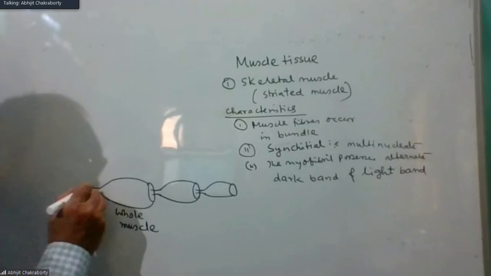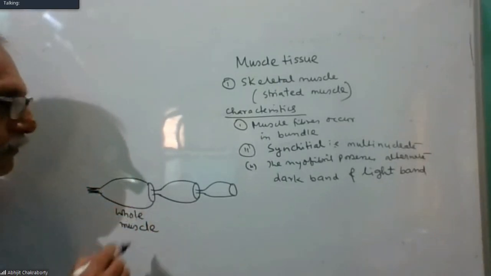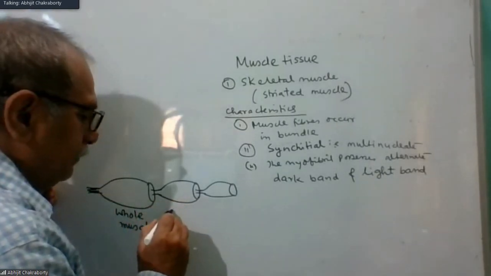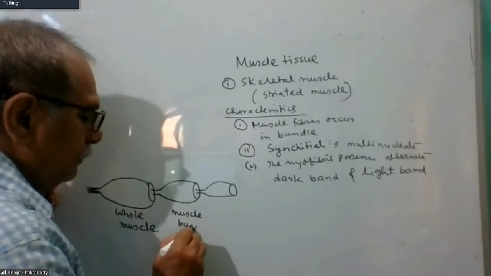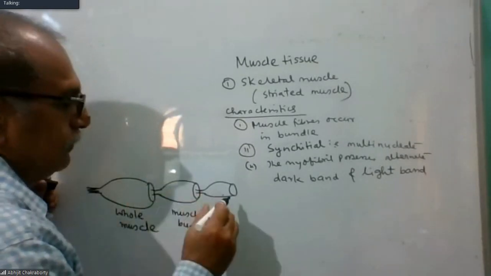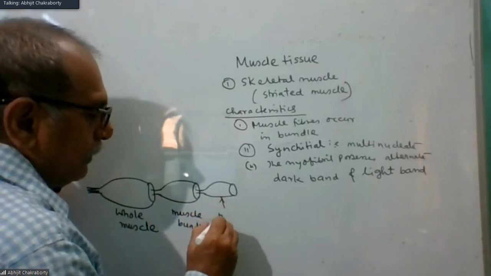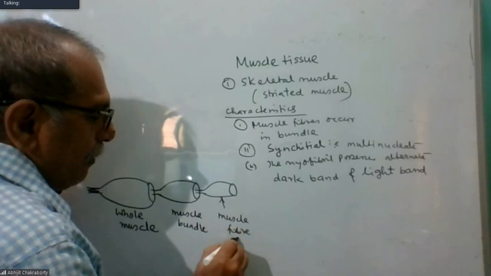This is the whole muscle. And this is the muscle bundle. And this is the muscle fiber.